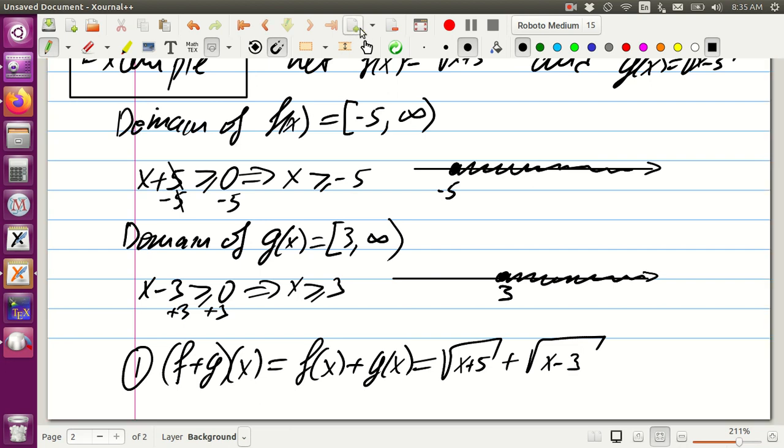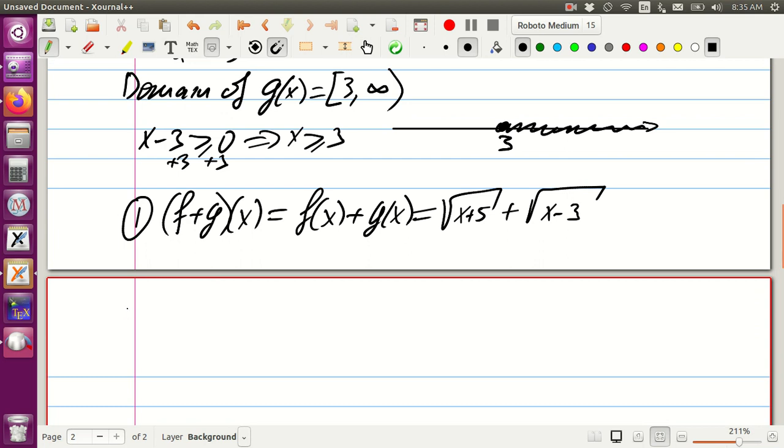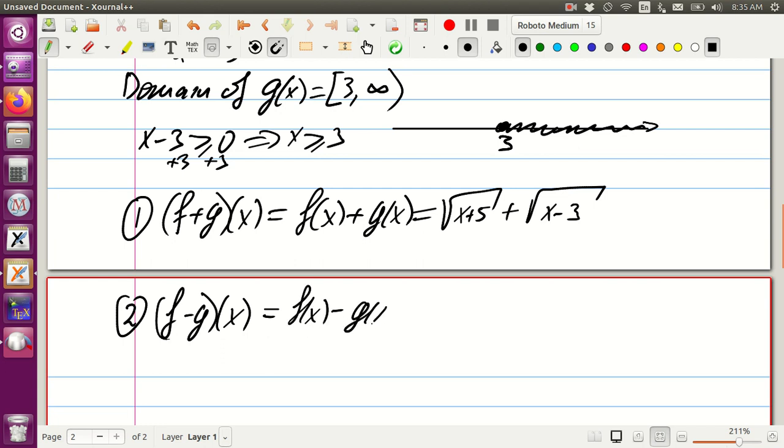That was the first one. The second part, we're going to do f minus g of x. So it's going to be f of x minus g of x. So we take the square root of x plus 5, we subtract the square root of x minus 3, and there's no real way to simplify it, so we'll just leave it like this.